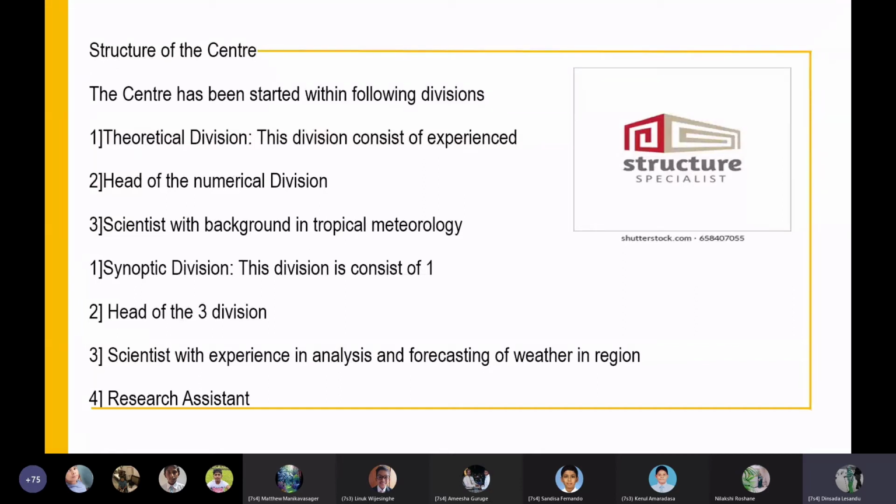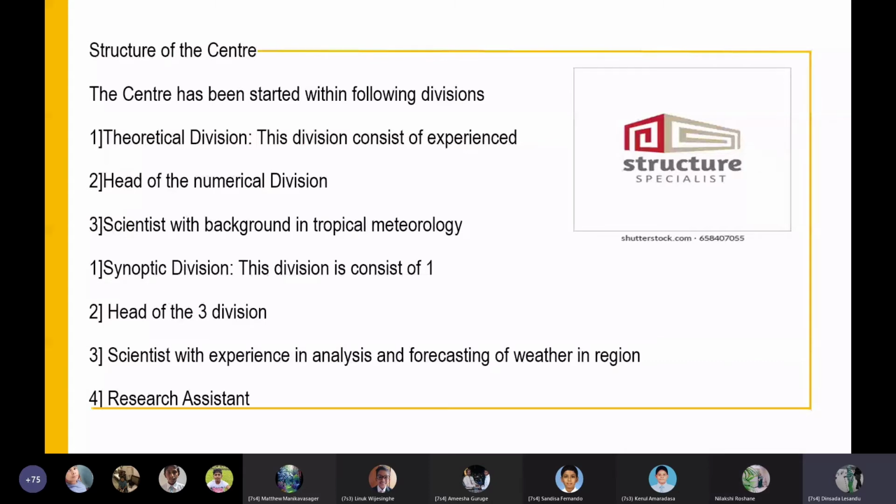Synoptic division: this consists of 4 topics. This division consists of one head of the 3 divisions, scientists with experience in analysis and forecasting of weather in the region, and finally research assistants.